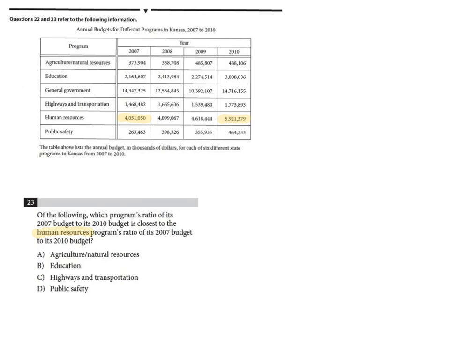Well, just to approximate, we're going from 4 to approximately 6. Okay, so that's essentially a 1 to 1.5 ratio.